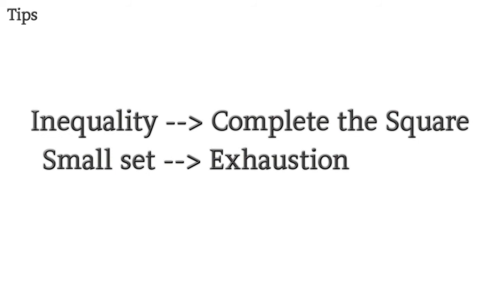Or if you have a tiny data set, which might be less than 10 n values, then you can try to go for exhaustion. It's less brain intensive, you can just grind through them, which will be very helpful.